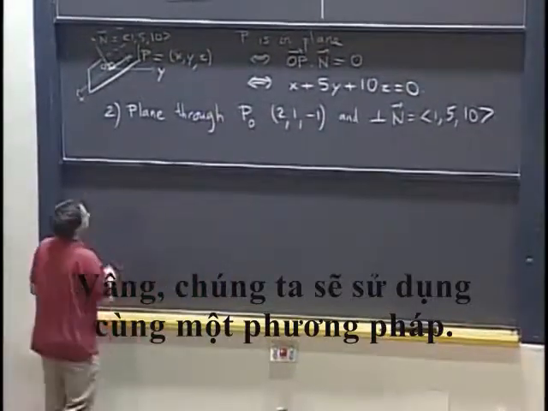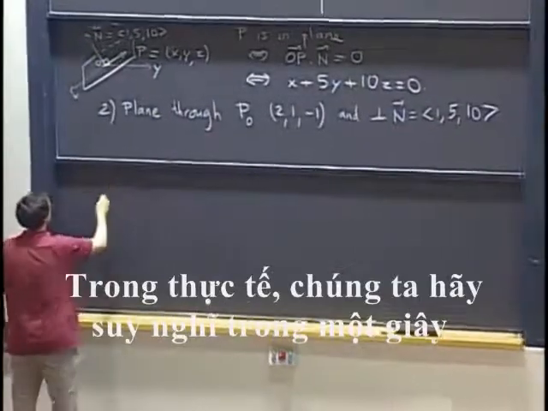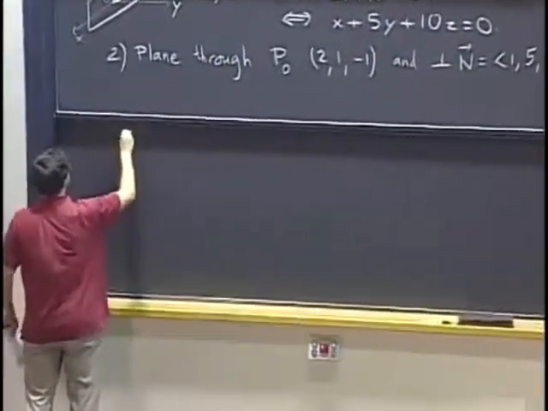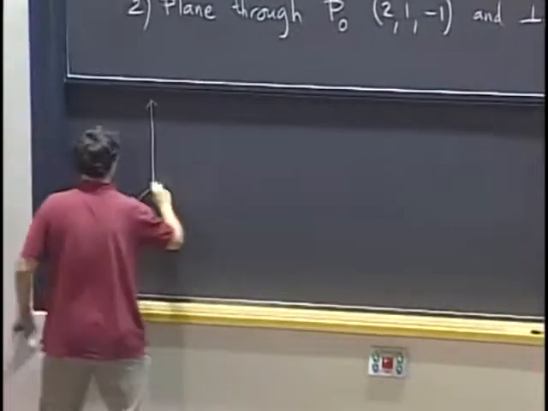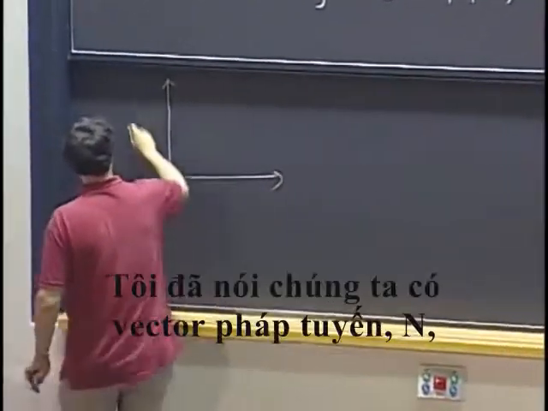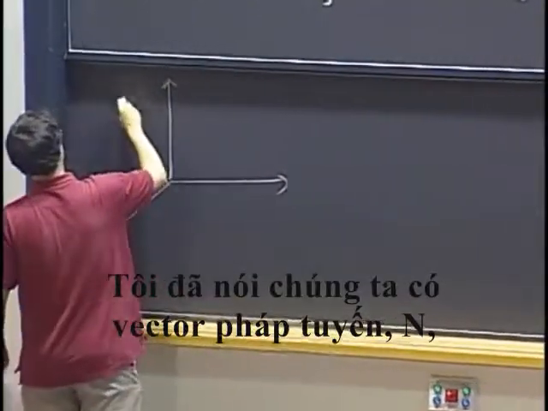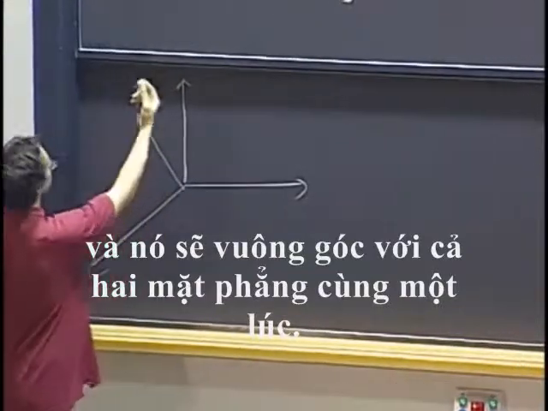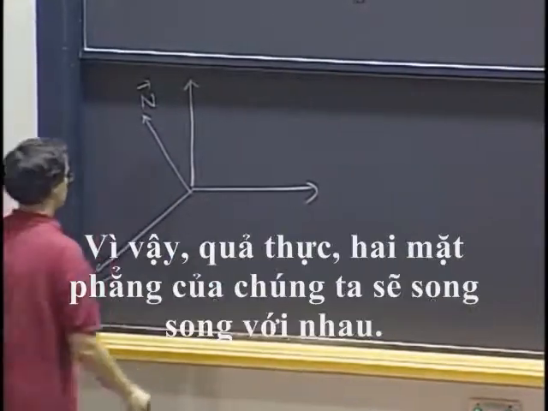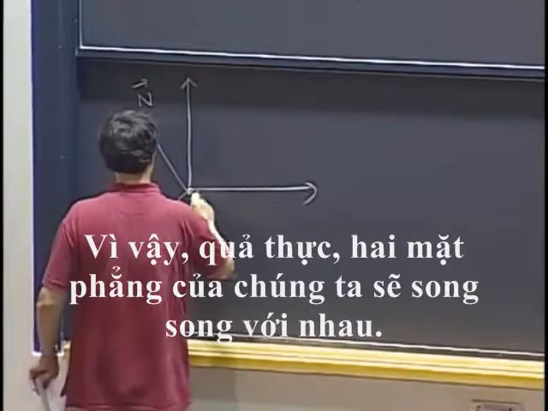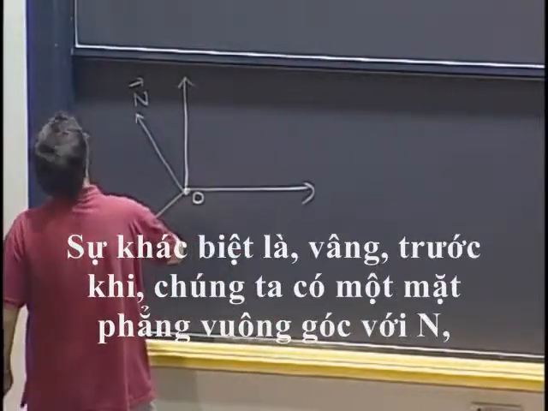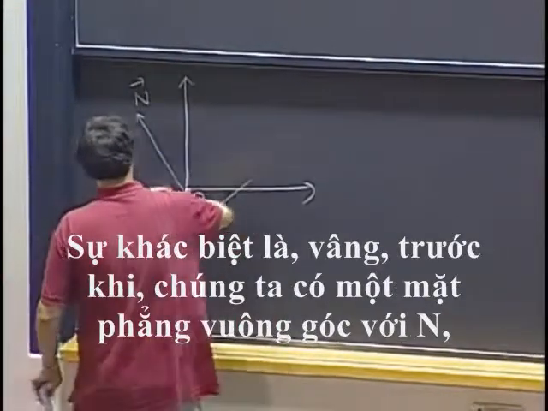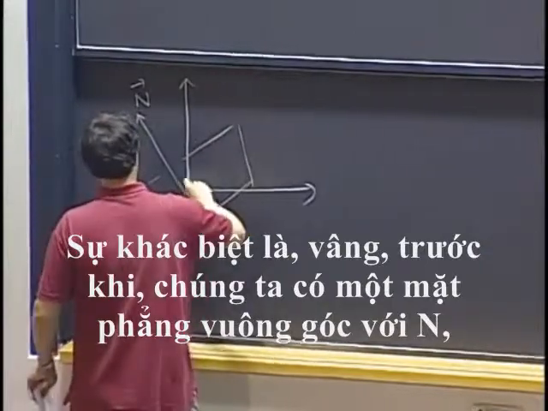Well, we are going to use the same method. In fact, let's think first for a second. We have our normal vector n, and it's going to be perpendicular to both planes at the same time. So in fact, our two planes will be parallel to each other. The difference is, before we had a plane perpendicular to n and passing through the origin.